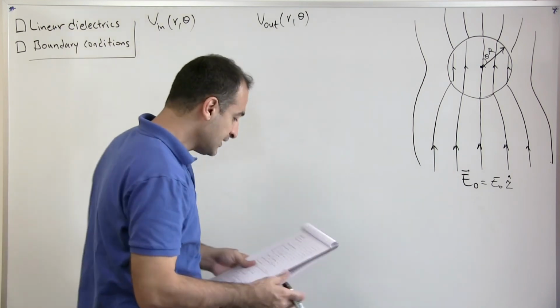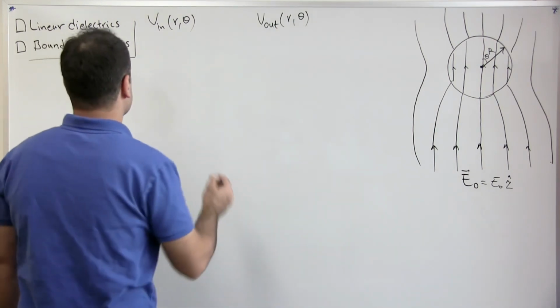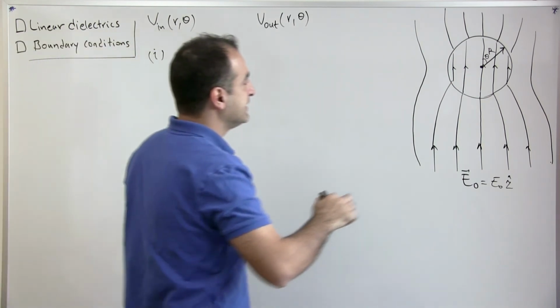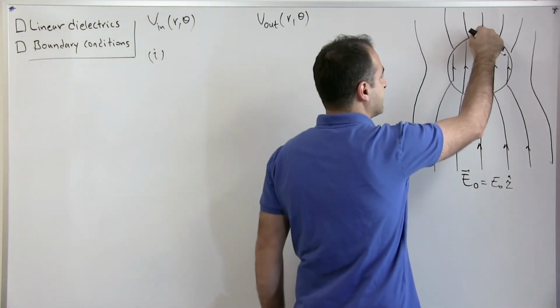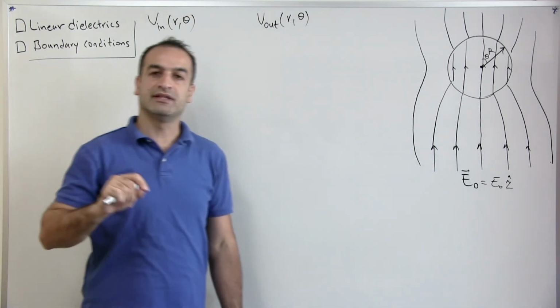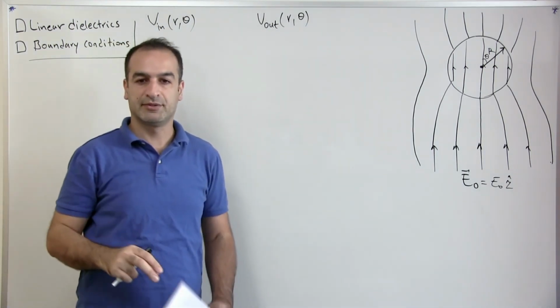Okay, so I'm going to say what the boundary conditions are. Number one, the potential needs to be continuous when we cross the surface of the dielectric material. There's never a discontinuity in the electric potential.